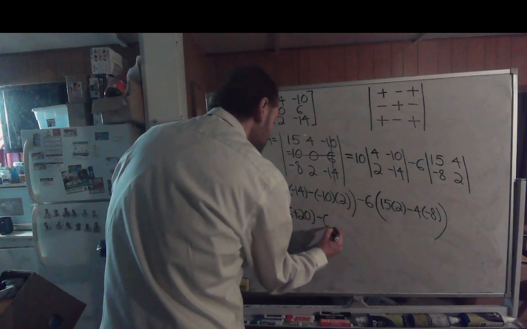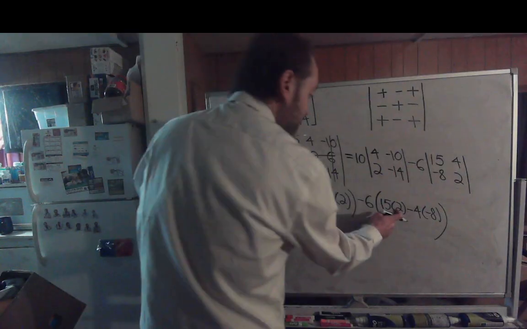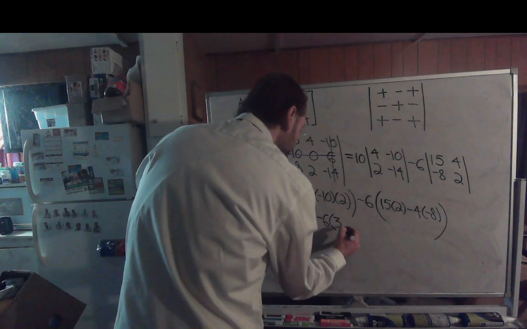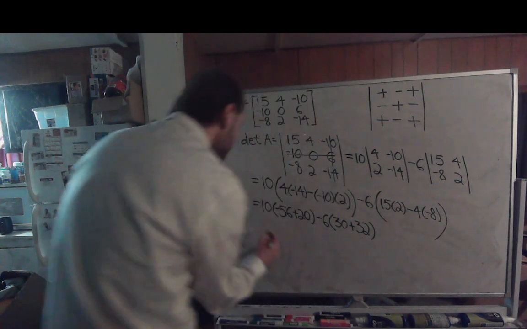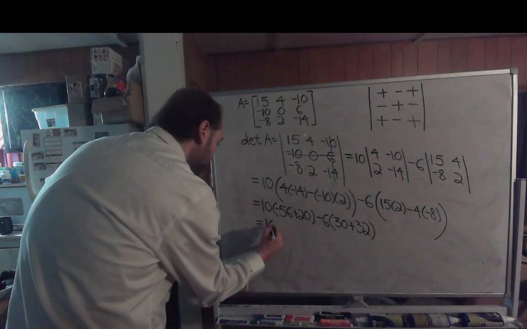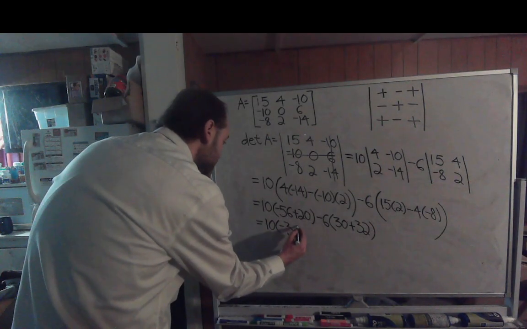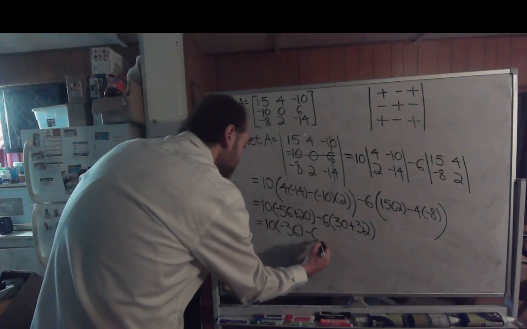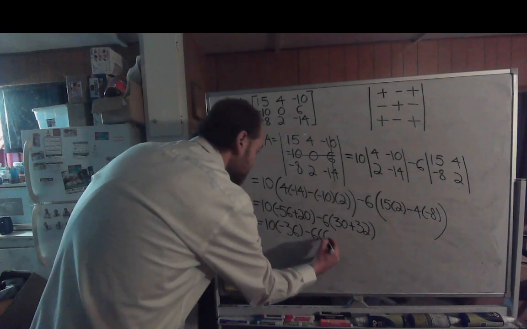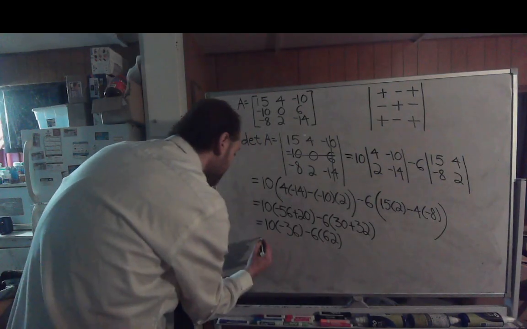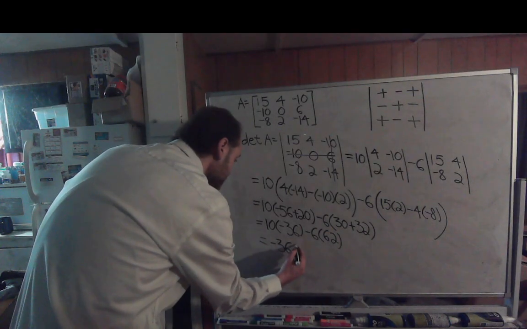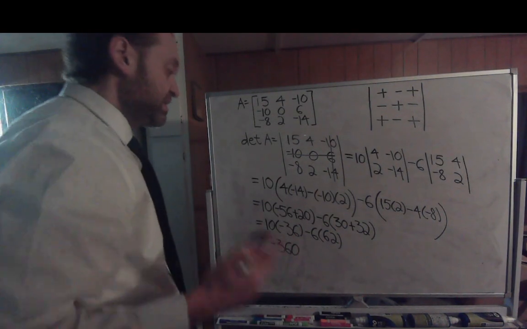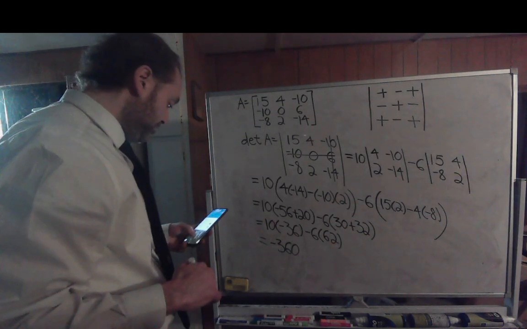Now minus 6 times what's inside the next one. 15 times 2 is 30. Then we have negative 4 times negative 8. That's plus 32. So let's see. Then we'll end up having 10 times negative 36 minus 6 times 62. Well, 10 times negative 36, that's negative 360. Then we need to take negative 6 times 62.